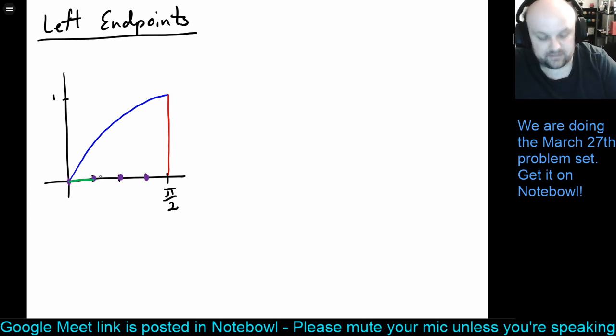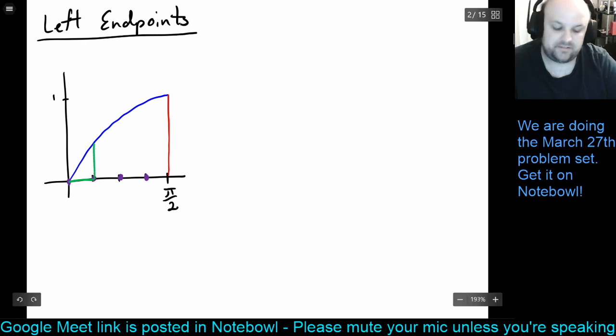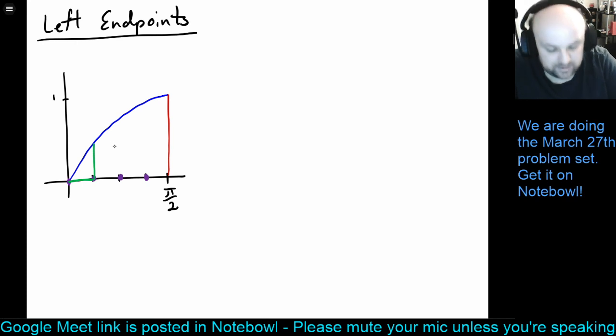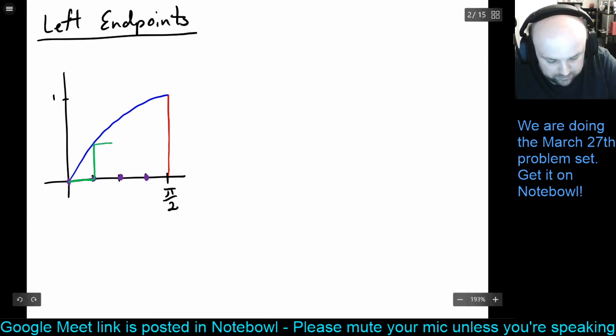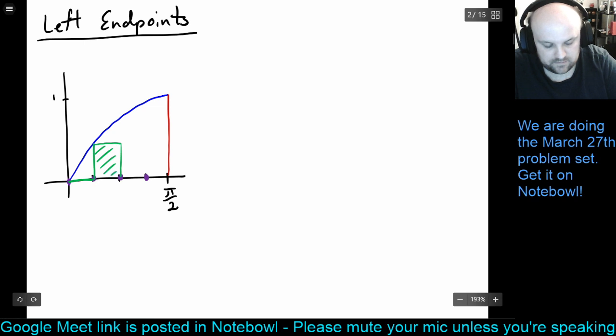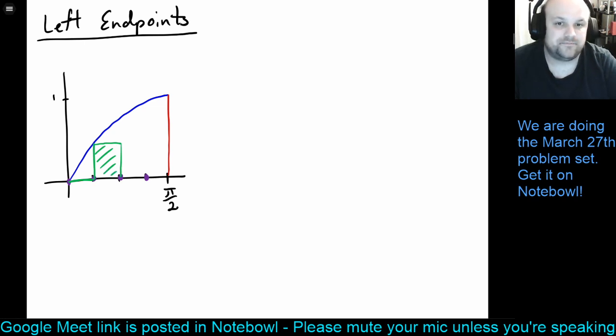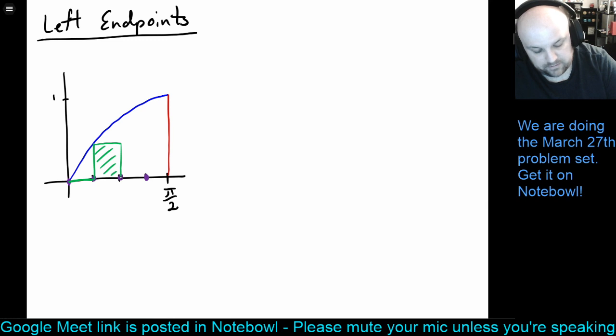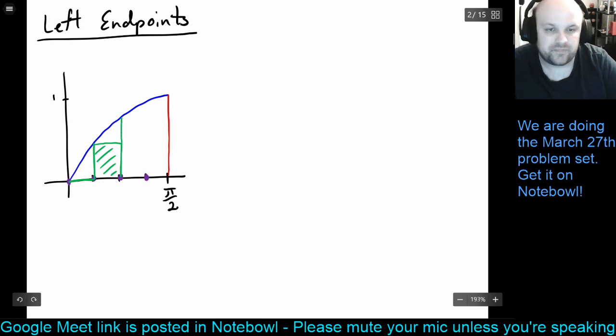So the second interval, here's my left endpoint. Draw a line all the way up to the function. And then I'm going to make a rectangle out of it that ends there. Right? So here is that rectangle. And then I do the same thing for the third interval. Start at the left endpoint, I draw this line all the way up to the function. Where it hits the function, I move over and then back down.